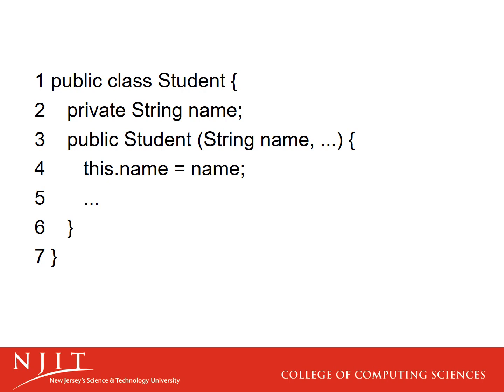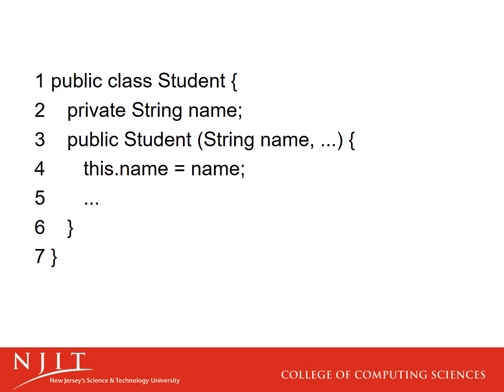It's a scope, and that scope is completely enclosed inside of the scope for the class. You'll notice that I have an argument to that constructor called name, and that argument, called name on line 3, is going to hide the member, which is declared at line 2.